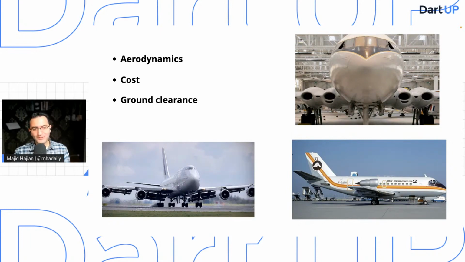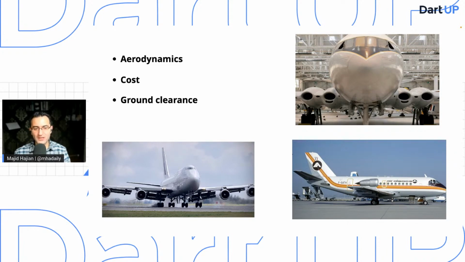One of the factors is that, especially for those engines that are embedded in the wings, it seems these engines provide better aerodynamics. And for those that are on top of the wings, there is a term in aviation called STOL, which is short takeoff and landing.